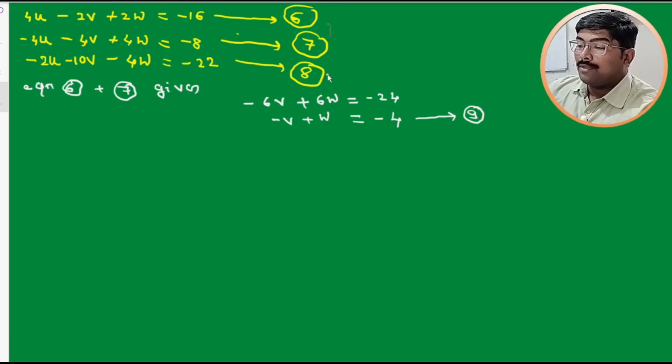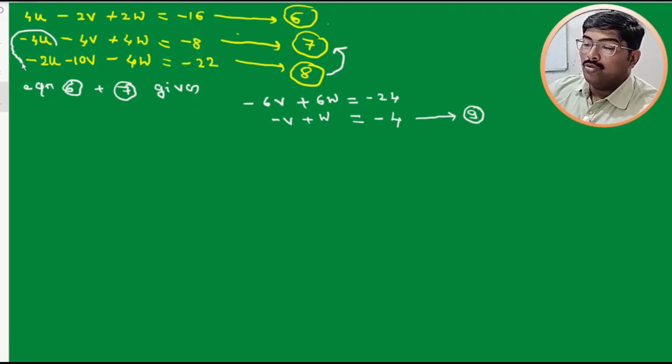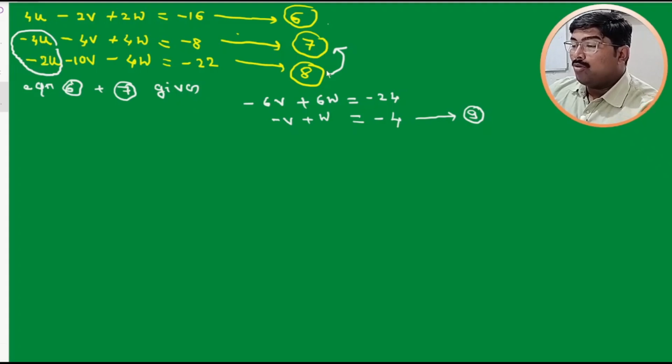Now from equations 7 and 8 we have to eliminate u. To eliminate u, we can see in equation 7 we have minus 4u, and in equation 8 we have minus 2u. So try multiplying equation 8 by 2.